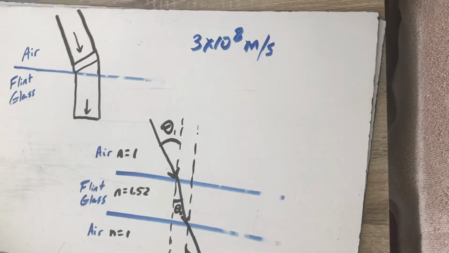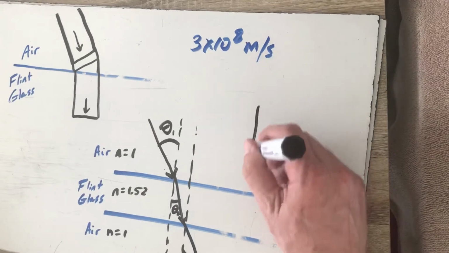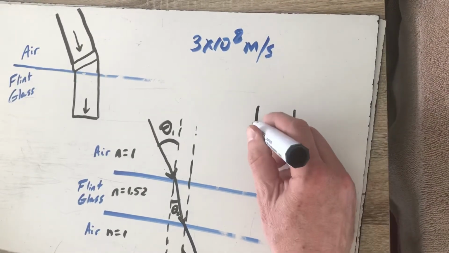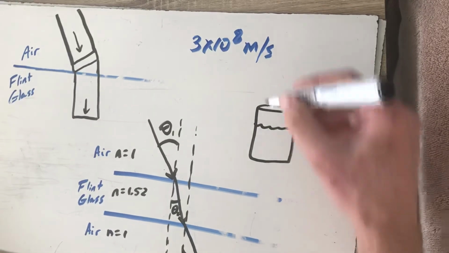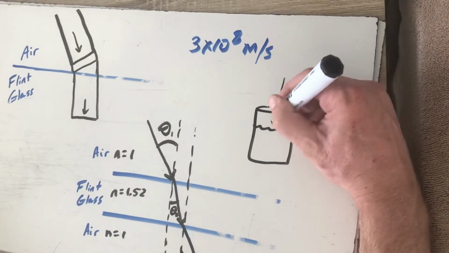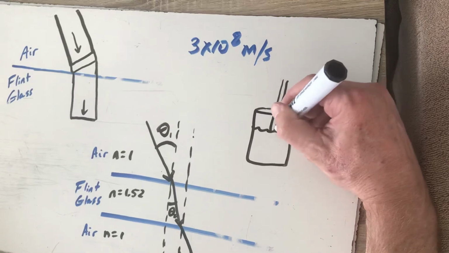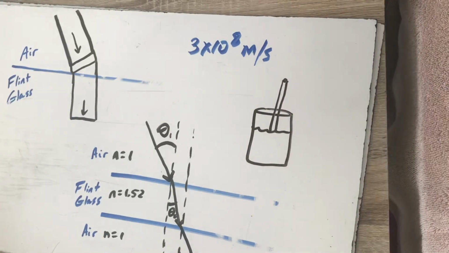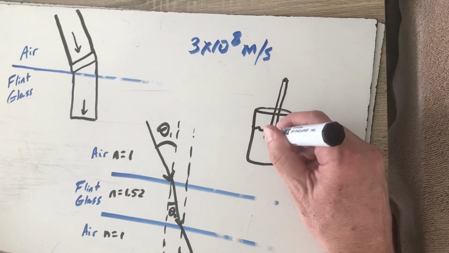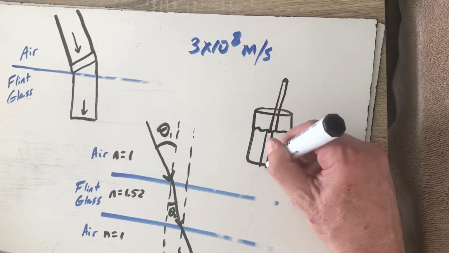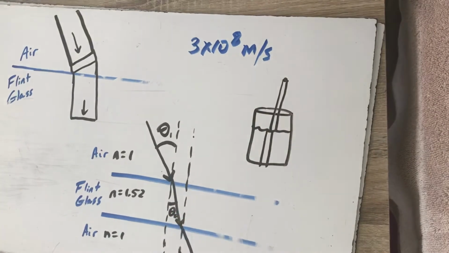And so this is going to explain certain effects you've seen before. For example, let's say you're sitting in a restaurant, you've got a glass of water, and you have the straw sitting in there. Back when we used to be able to use straws. And you look at it from the side, and all of a sudden it looks like the straw doesn't connect, like it's shifted over a little bit.